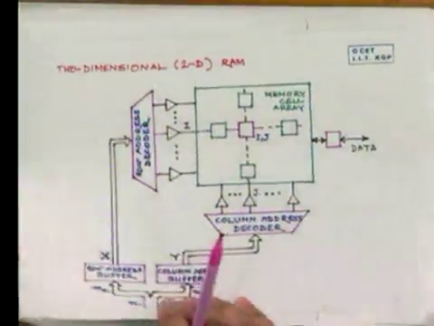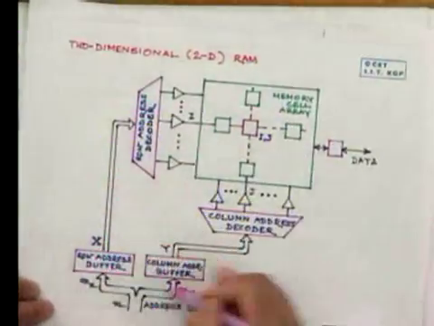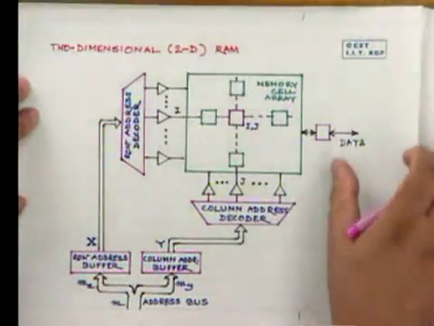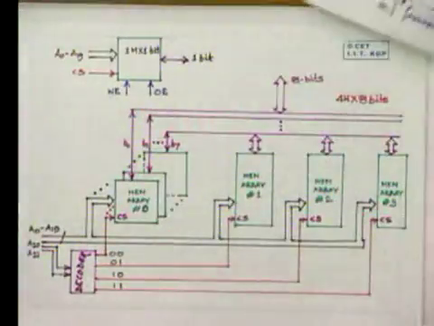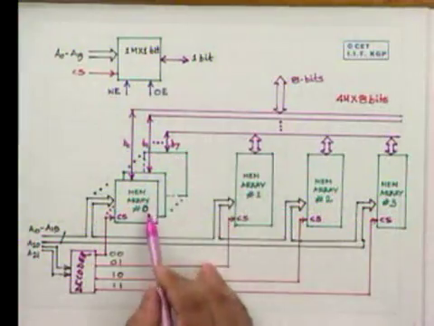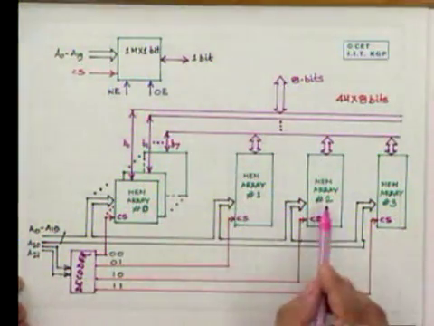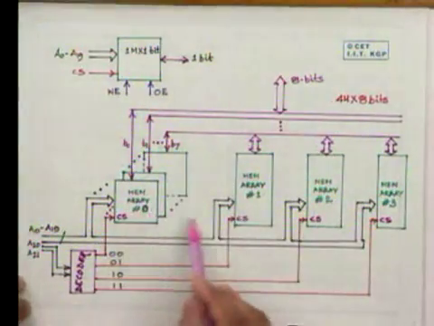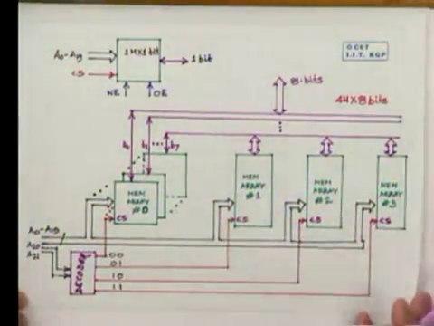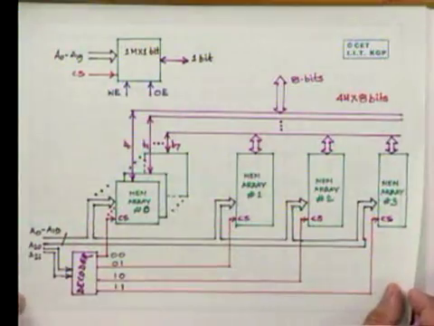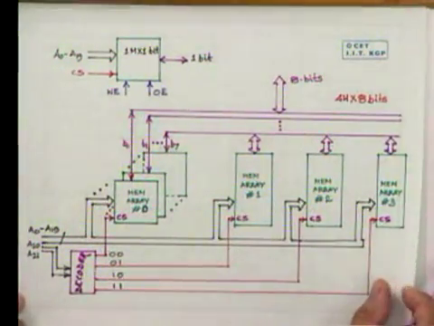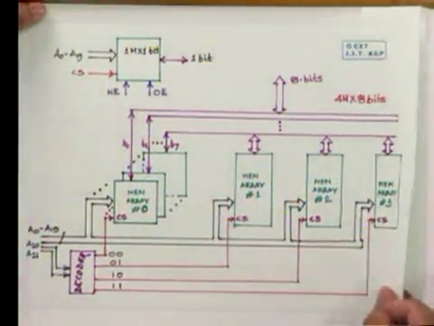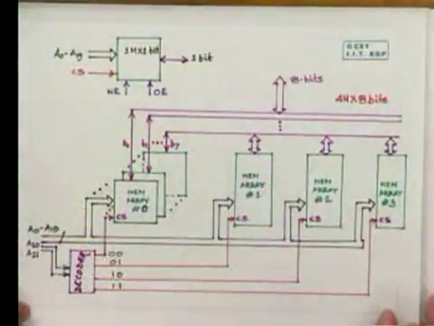Now let's see how many such chips are needed to make a 4 megabyte memory. Here each array needs 8 chips. Therefore, we will need 8 times 4, which is 32, 1 megabit chips to make a 4 megabyte memory organization. Now, this is shown as an example.